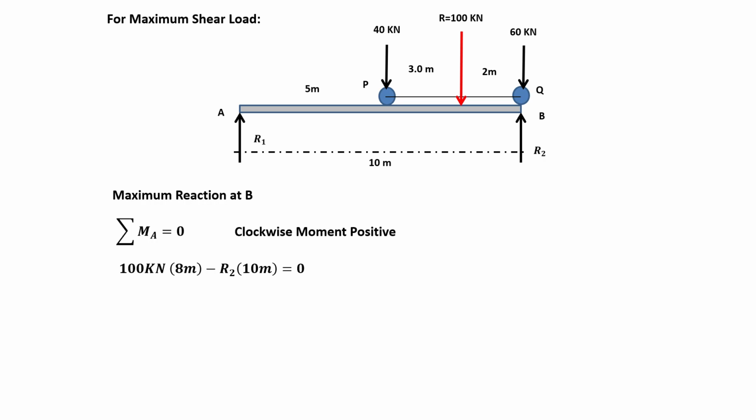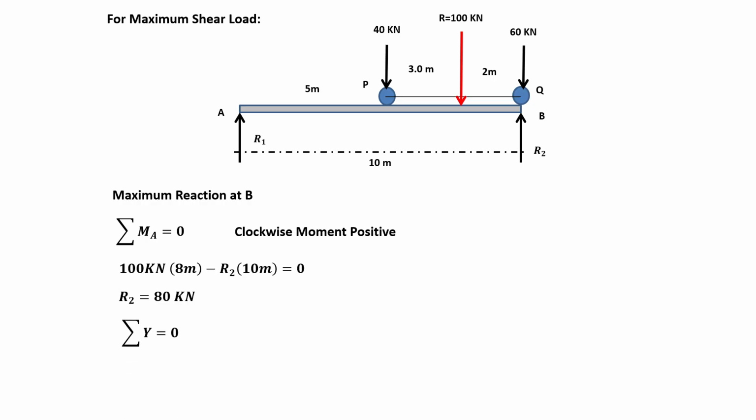In a counterclockwise rotation, the sign convention of R2 will be negative, while the resultant force is positive since it is clockwise in direction. Our equation is 100 kilonewton times 8 meters minus R sub 2 times 10 meters. So what is the value of R sub 2? Finally, R sub 2 is 80 kilonewton.